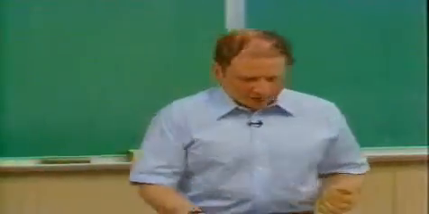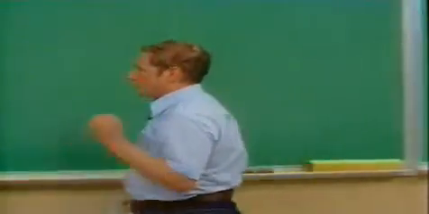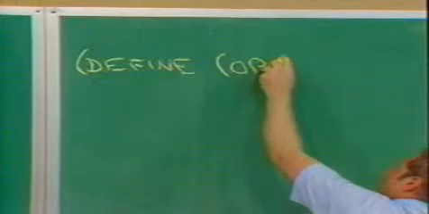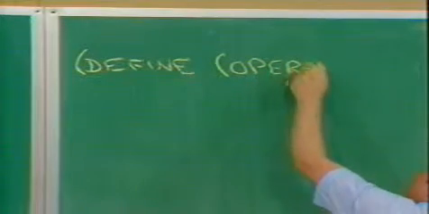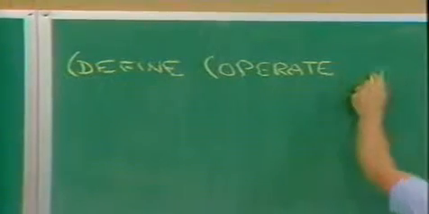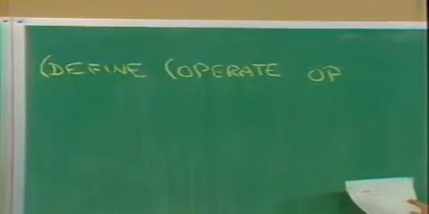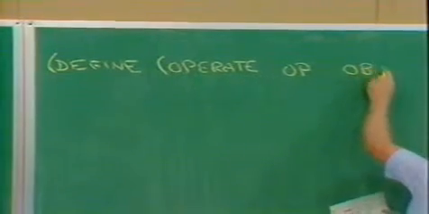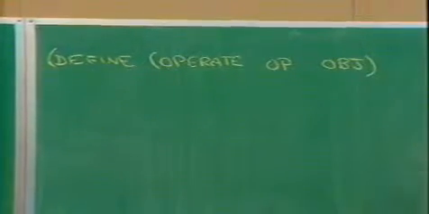The manager has been automated out of existence and is replaced by a procedure called operate. And this is the key procedure in the whole system. I'll say define operate. Operate is going to take an operation that you want to do, the name of an operation, and an object that you would like to apply that operation to.